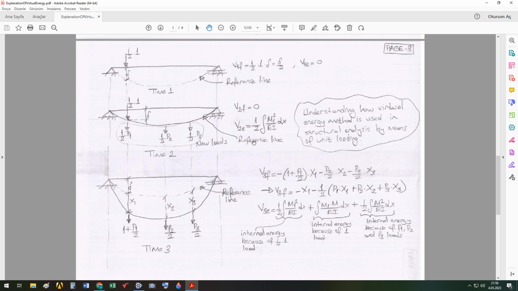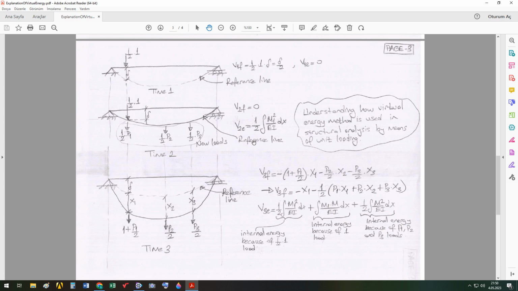Then one theoretician in the past considered the virtual energy method. There is virtual displacement and arbitrary displacement, but this person thought that actually this is how the virtual energy method is used in structural analysis: by means of unit loading.